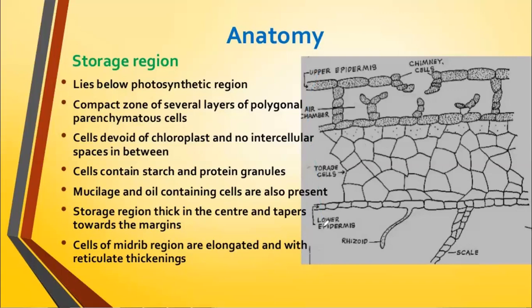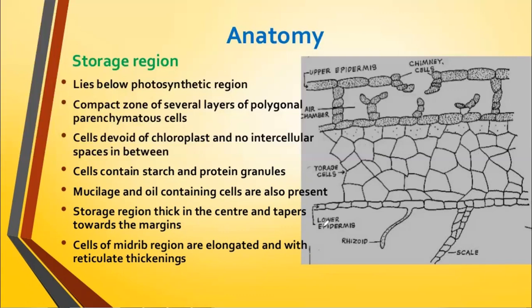The epidermal region is of two types, upper epidermis and lower epidermis. Upper epidermis is single-layered and non-continuous, found on the dorsal surface. Non-continuous because of the presence of chimney pores. Lower epidermis is continuous and they develop rhizoids, okay, fibrous cells called rhizoids, and scales.